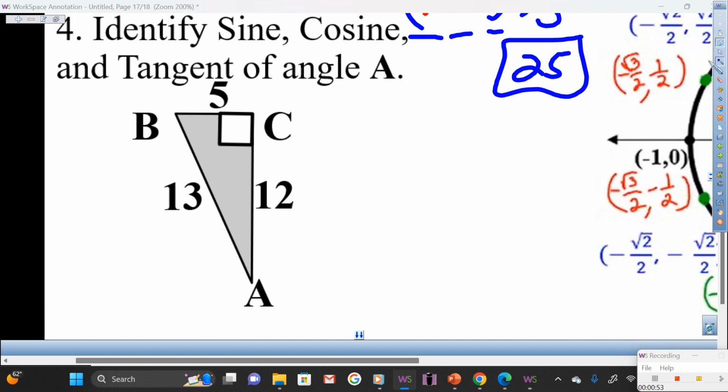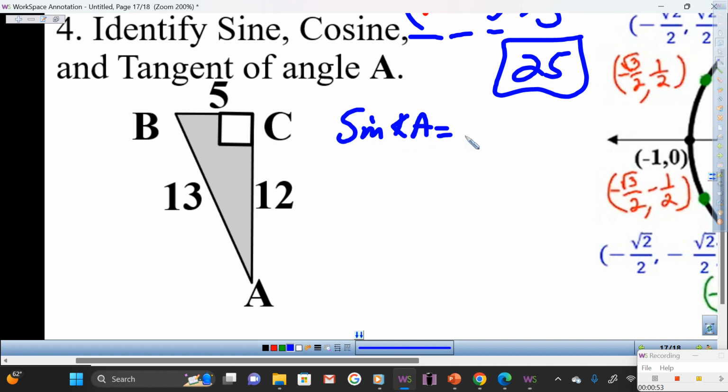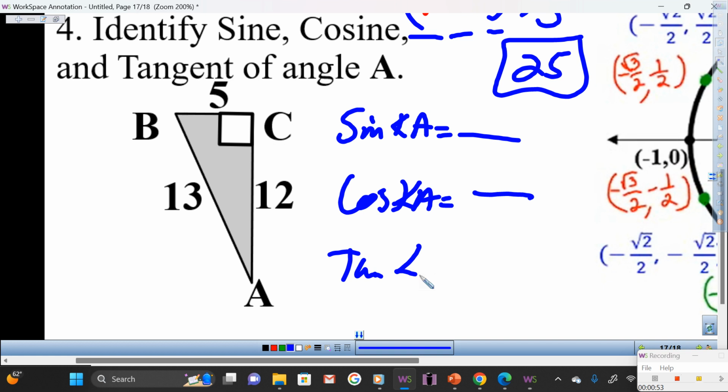Number 4, sine angle A, cosine angle A, tangent angle A. Share with your neighbor before Ivan shares all his great work for these.